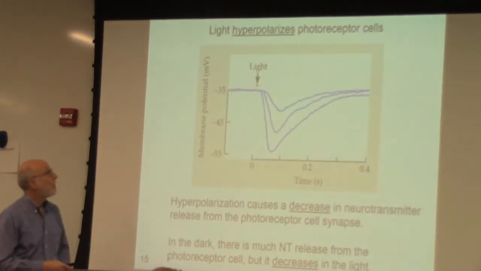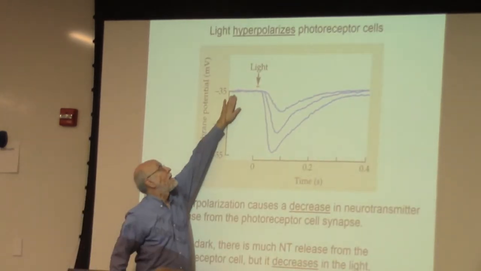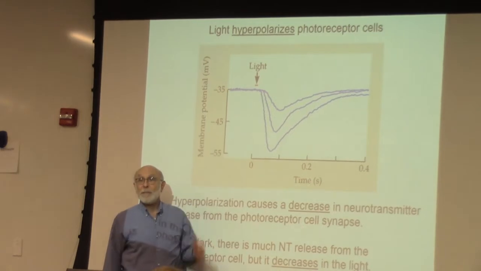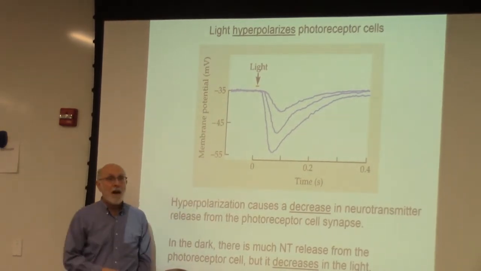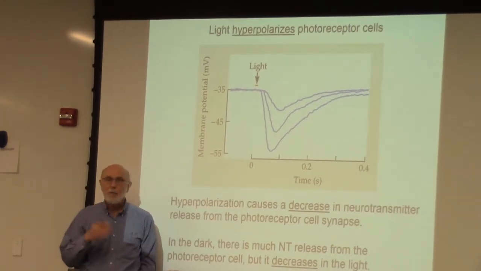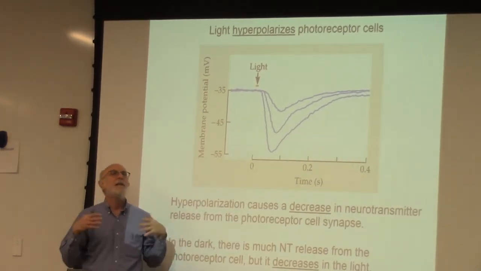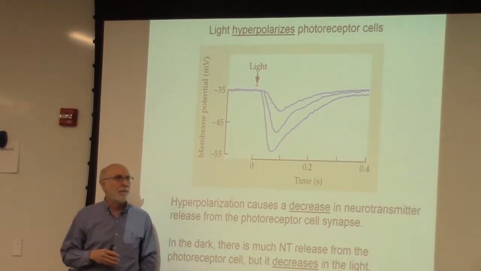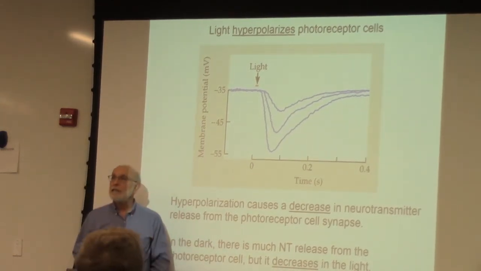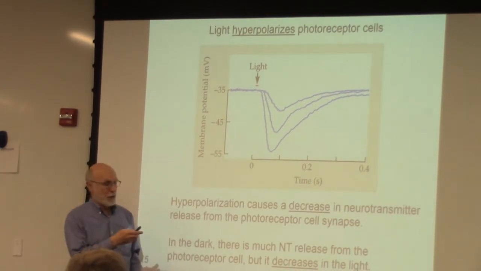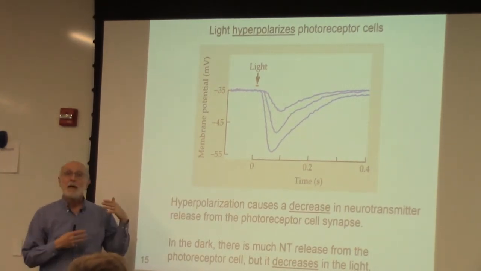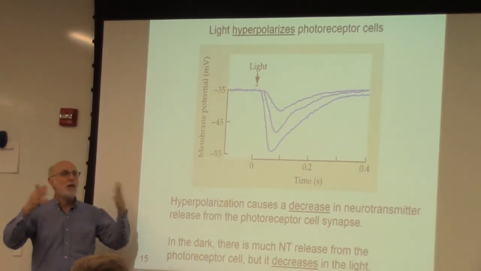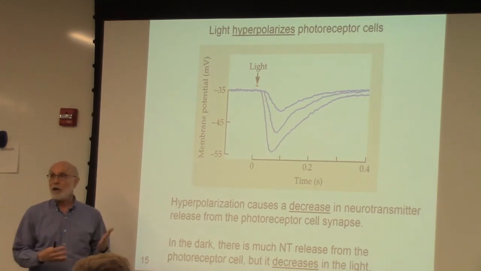Let me just show you. So in the darkness, these cells have a resting membrane potential of around minus 35 millivolts, instead of what you're normally thinking of for the typical neuron. This isn't a neuron, this is a photoreceptor cell, but its resting membrane potential is minus 35 millivolts. It's depolarized compared to what you consider normal in the dark.